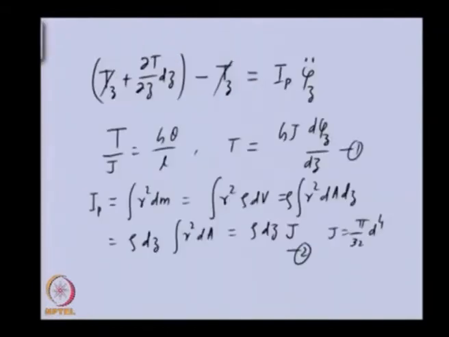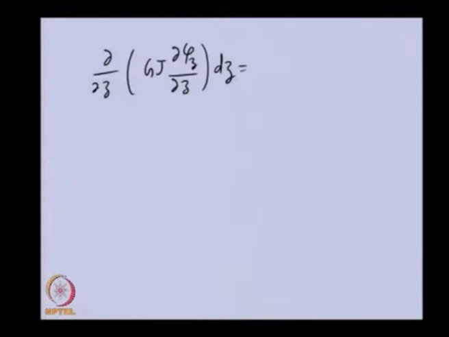Again, you can see we have substituted for torque on this side, and on the right side we need to substitute for I_P, so rho J dz and phi double dot. This double dot represents the double derivative with respect to time.